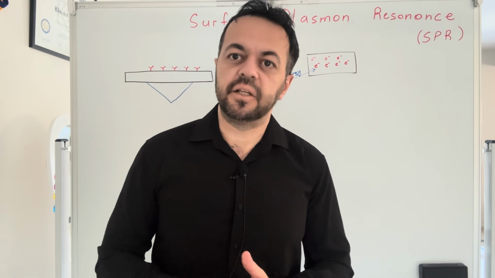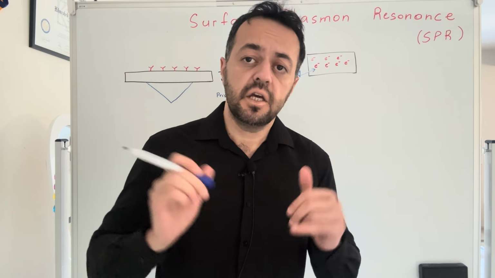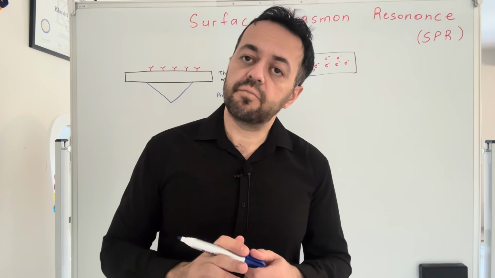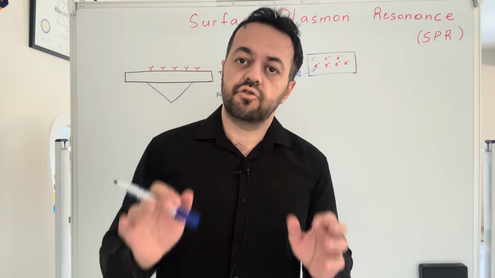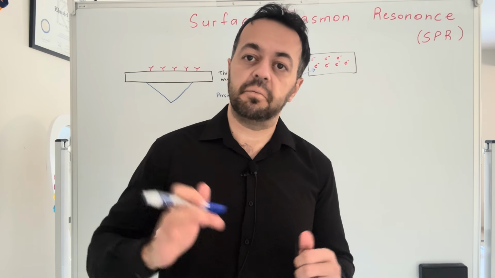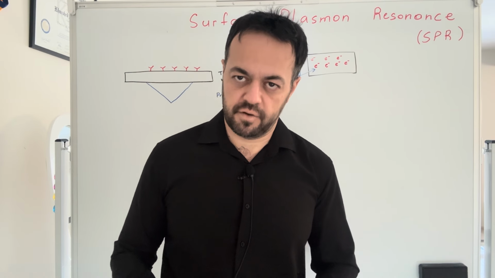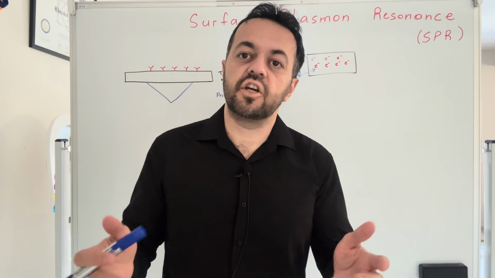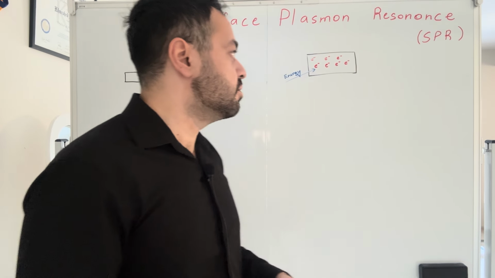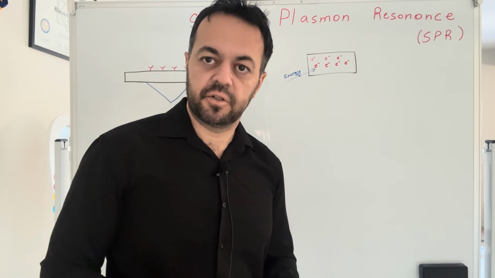It's not very complicated. The only requirement here is, of course, that there should be the right amount of energy. You can't just apply any energy and expect collective behavior, expect a change in their oscillation. So that's what plasmon typically is.